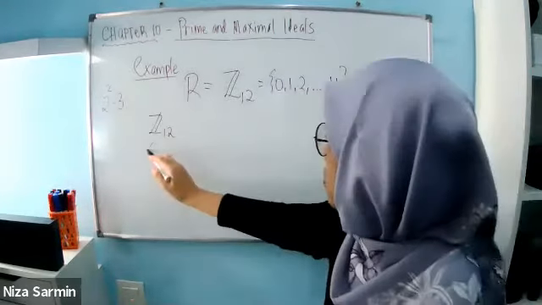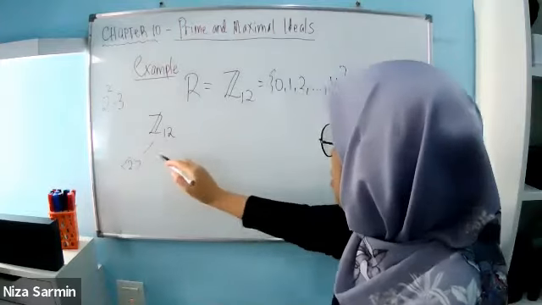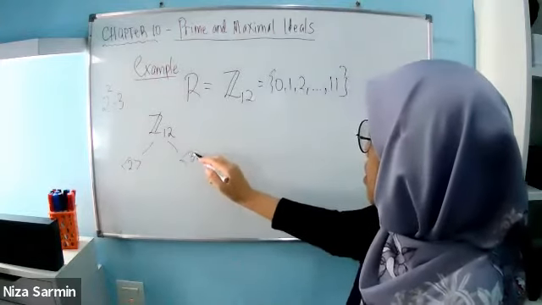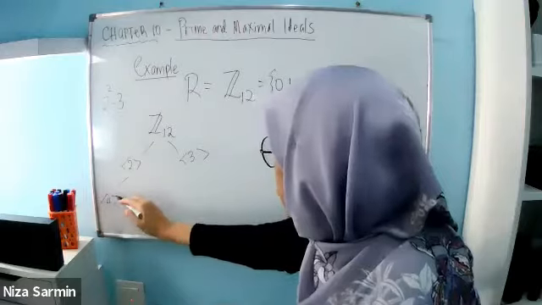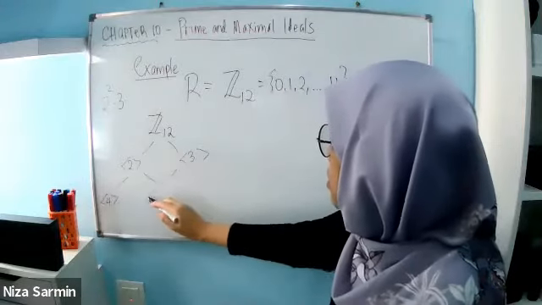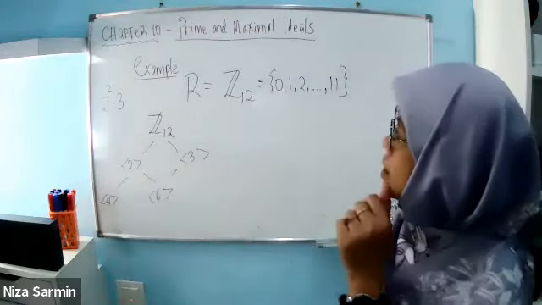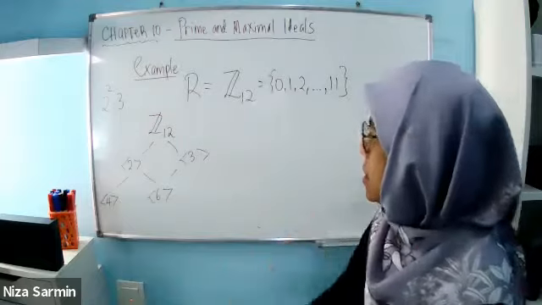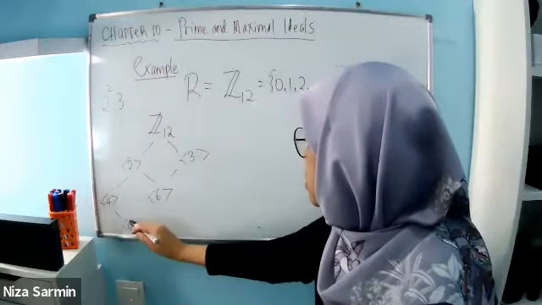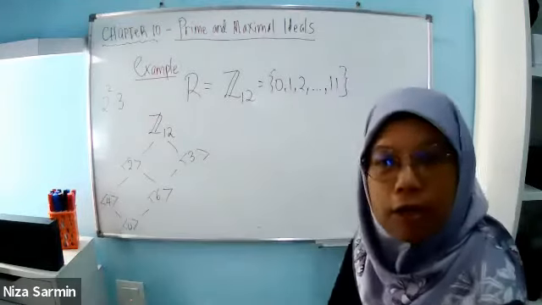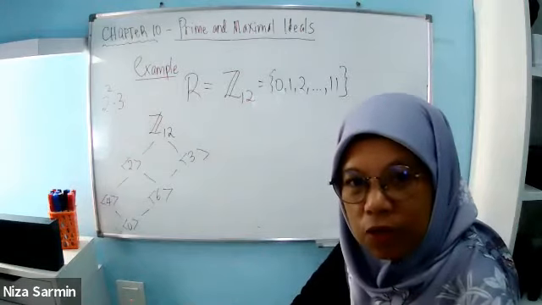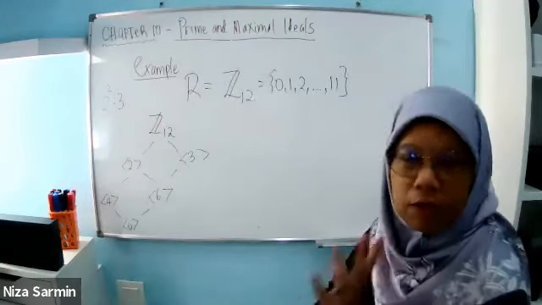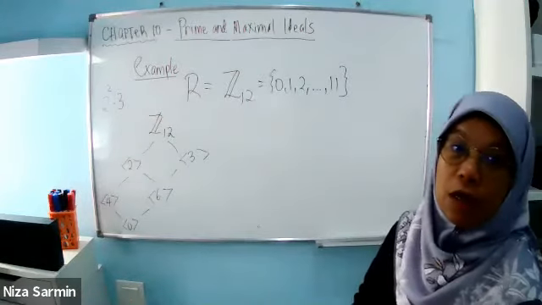So you have 2, and then 3, and then 4, and then 6. This is the subgroup lattice of Z12. So this goes back to group theory 1 actually.